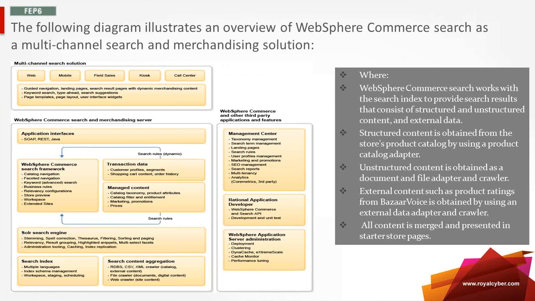Structured content is obtained from the store's product catalog by using database adapters. Unstructured content is all attachment files or file documents, obtained using file adapters and crawlers. External content is the product ratings and reviews, which can be obtained from the Bazaarvoice site. All the content is merged and presented in the starter store page.